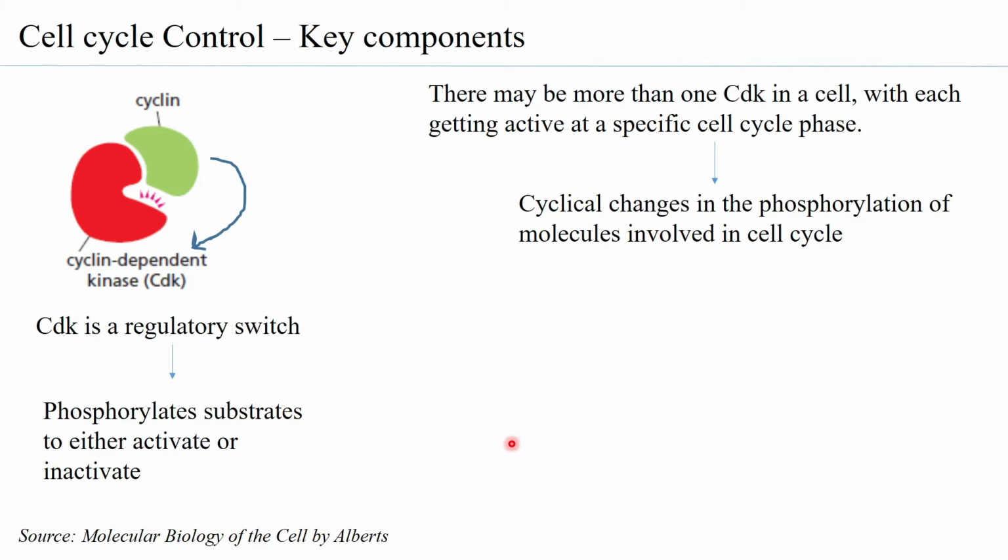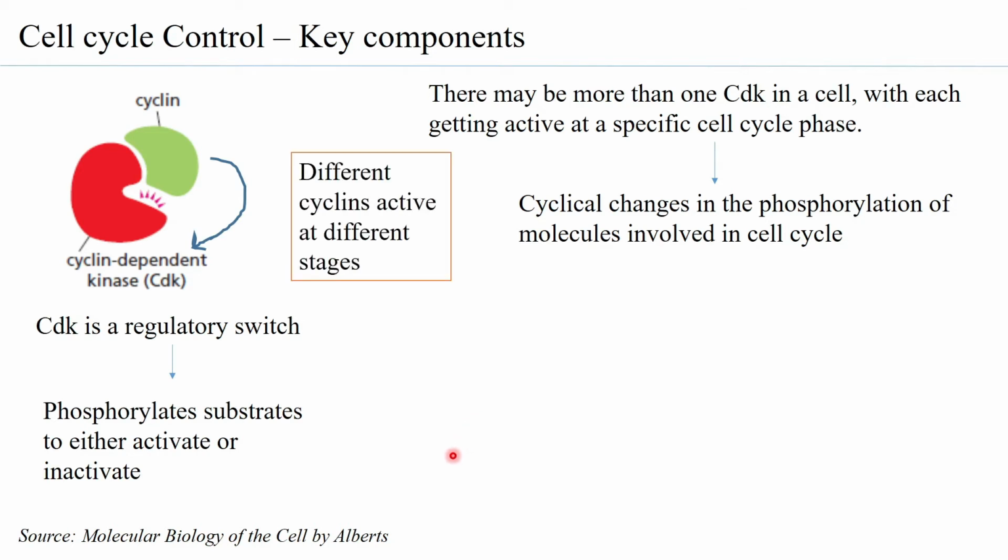So therefore, those that are active in the G2 will now not be active in the S phase. Understand? So there is a cyclical change in the phosphorylation of the molecules that are involved in the cell cycle, and that has been to a great extent attributed to the different cyclins that are active at different stages.